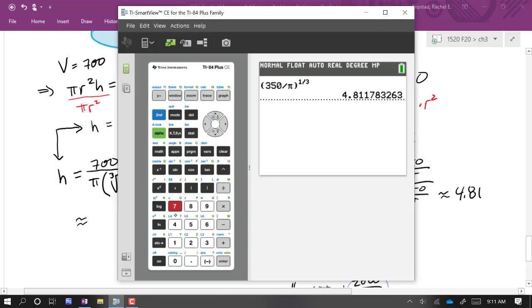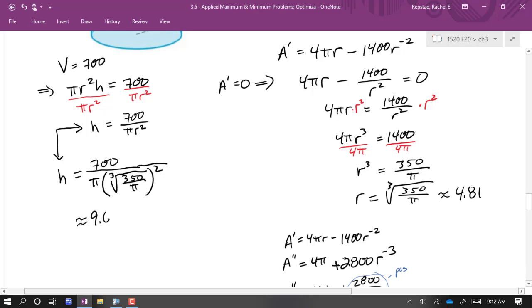So 700 divided by, and use parentheses here, pi times, and if I'm squaring the cube root, that's the 2/3 power. We get about 9.62. So our dimensions are that the height is 9.62 meters approximately, and the radius is 4.81 meters.